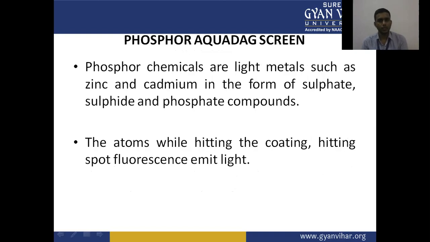Phosphor screen. The phosphor chemicals are light metals such as zinc and cadmium in the form of sulfate, sulfide, and phosphor compounds. The atoms, while being hit, spot fluorescence and emit light.